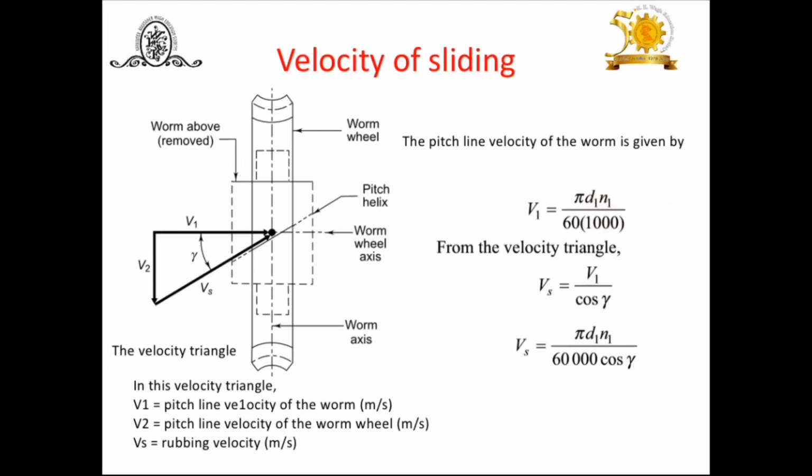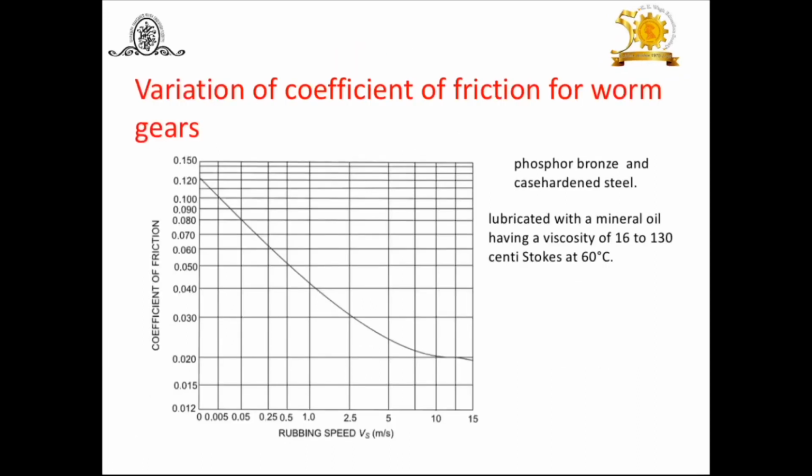Now by using this sliding velocity, we can find out the coefficient of friction. The variation of coefficient of friction for worm gears is shown in this diagram. You will find that as the rubbing speed increases, the coefficient of friction decreases.